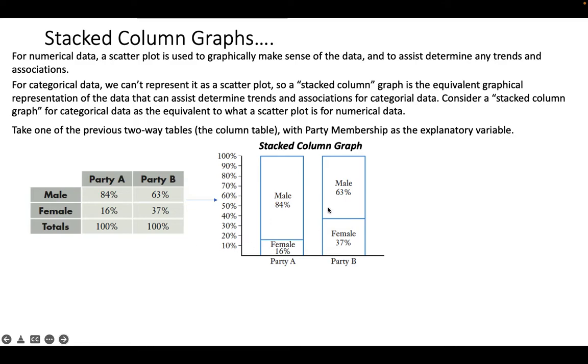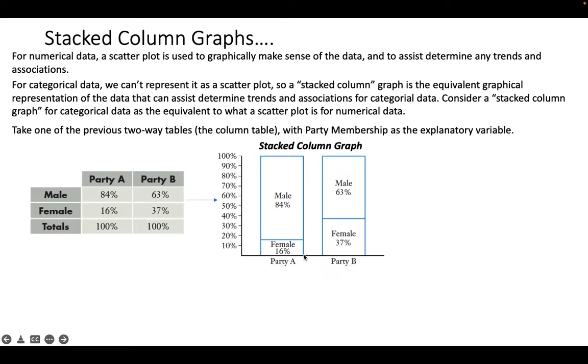Now, when we do a stacked column graph this way, along the x-axis of the column graph is the explanatory variable. So the columns are representing the explanatory variable categories. So the explanatory variable in this representation is party membership. So our two columns are party A and party B, being the two categories of the explanatory variable.